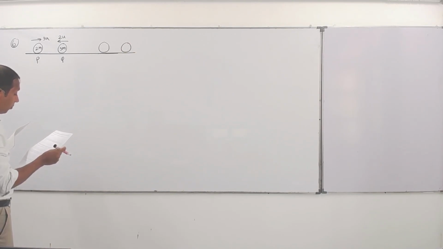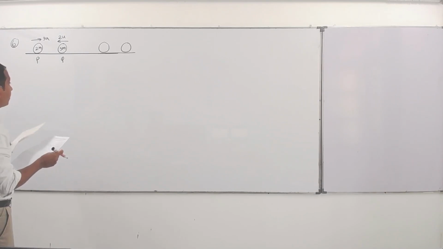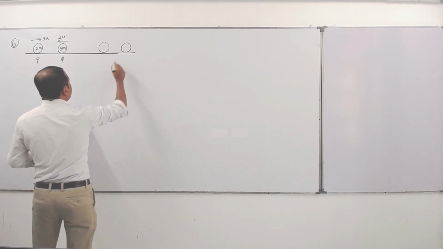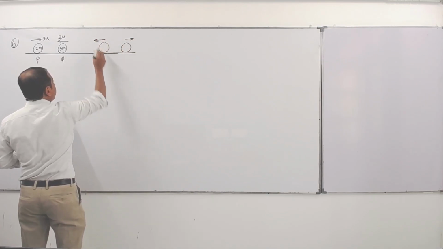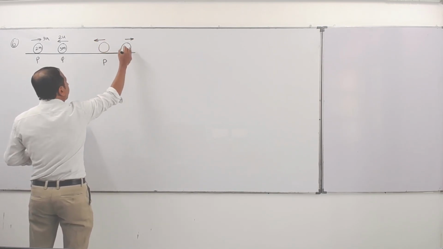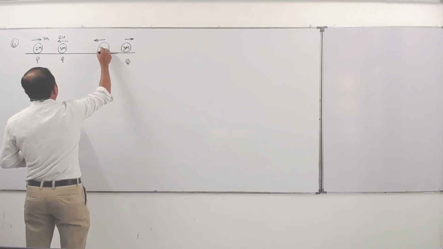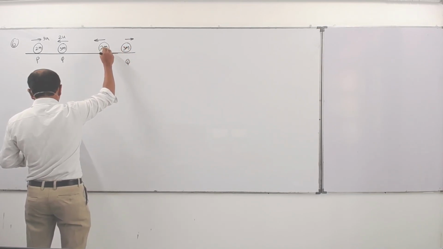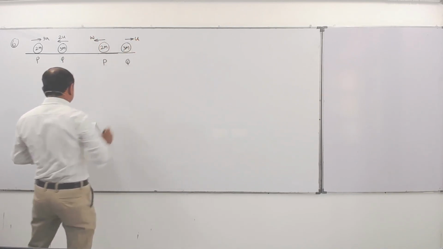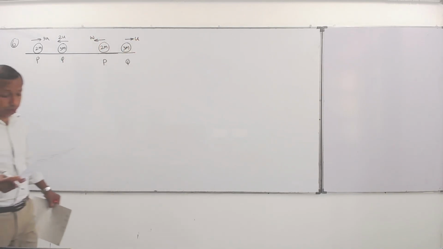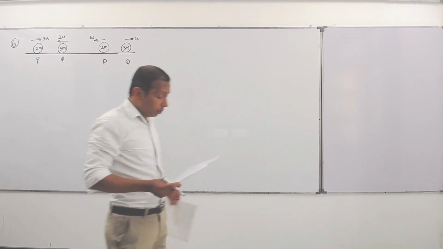After the collision, the particles move away from each other, right. So Q should then move rightward, P leftward. This is how we have to take. Right. And I'll take this velocity as w. This is given as u. Velocity of Q after the collision is given as u.